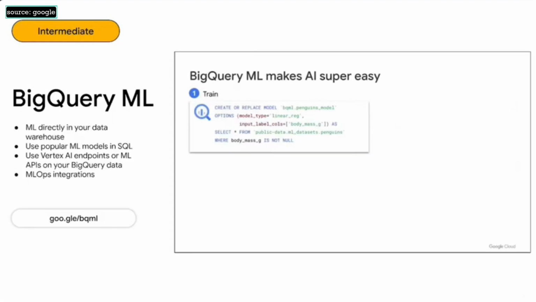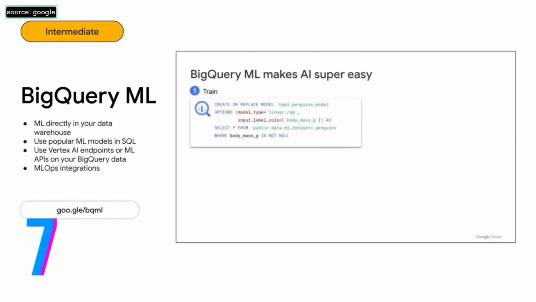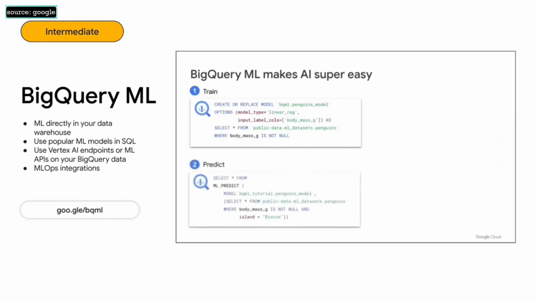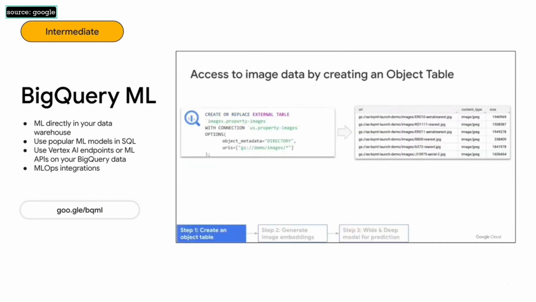For BigQuery ML. So in this example, you can create a classification model in SQL with a create model statement, then make predictions using an ml.predict query. You can even use BigQuery ML directly on your unstructured data via an exciting new capability called BigQuery ML Inference Engine. So say you have unstructured data like image files stored in Google Cloud Storage, but your primary workflow is all through BigQuery.